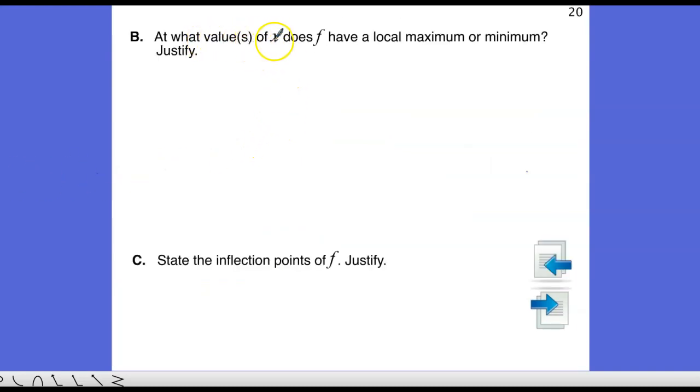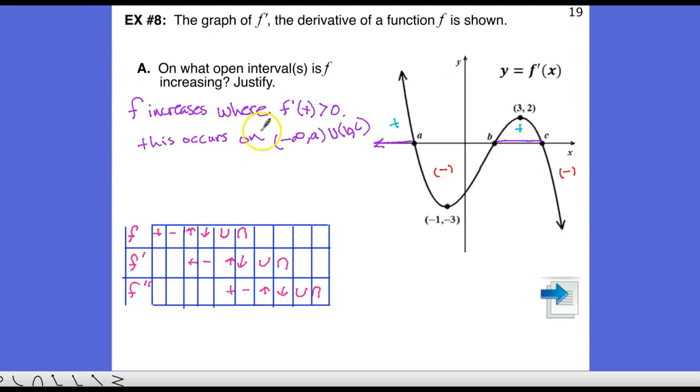So at what values of x does f have a local maximum or minimum? Notice that they've asked me about x, but they've given me a graph of f prime. So let's make a sign chart for f prime. Now remember that the critical values are the values of x for which f prime is equal to 0, and we can see from the graph that happens at a, b, and c.